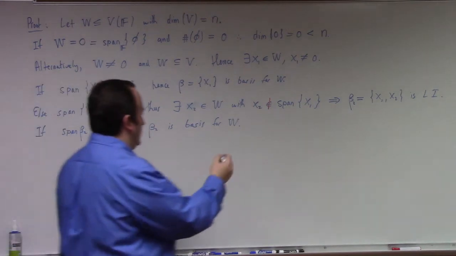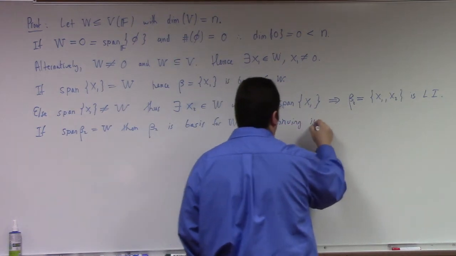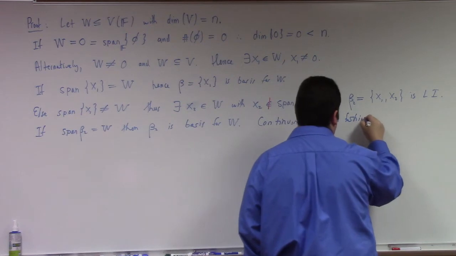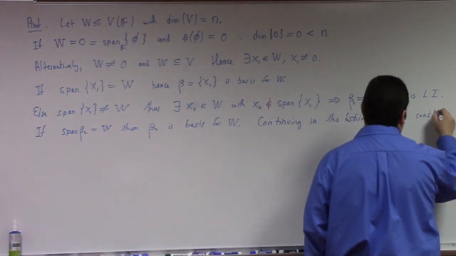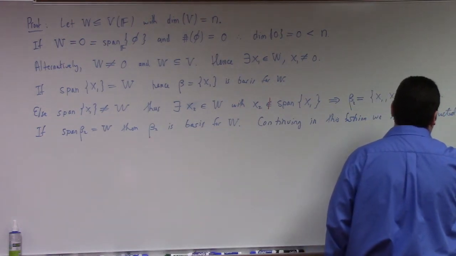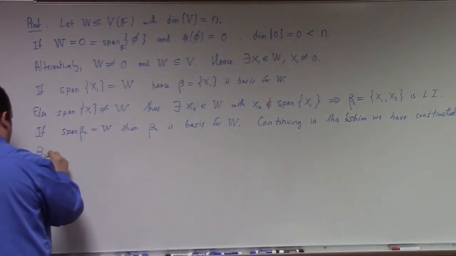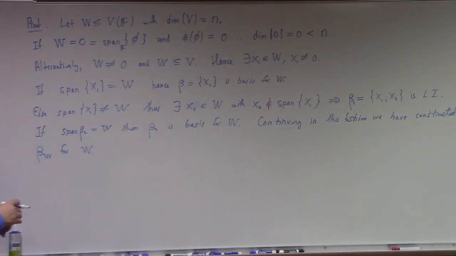So, continuing in this fashion, we have constructed a basis, say beta sub W, for W. Now, there's one thing.